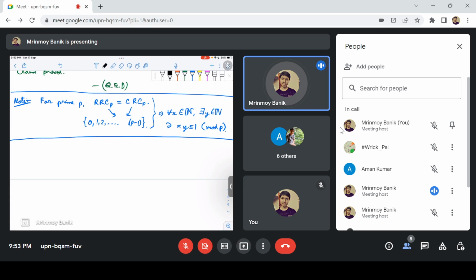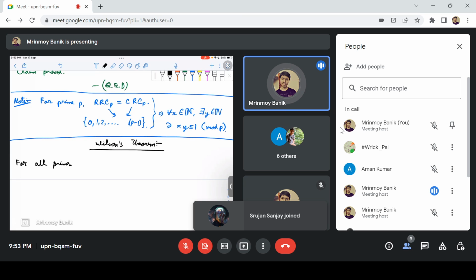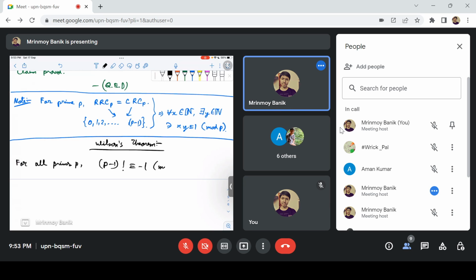So using that, we proceed to Wilson's theorem. It says for all primes p, we have (p minus 1) factorial congruent to minus 1 mod p.